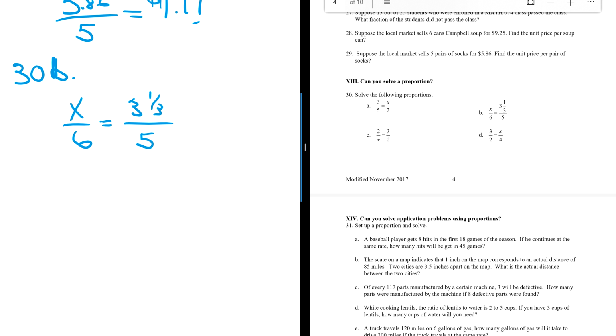Okay, and what I got to do is change that to an improper fraction because I want to cross multiply. When I multiply, I have to change it to an improper fraction. It's the rule.